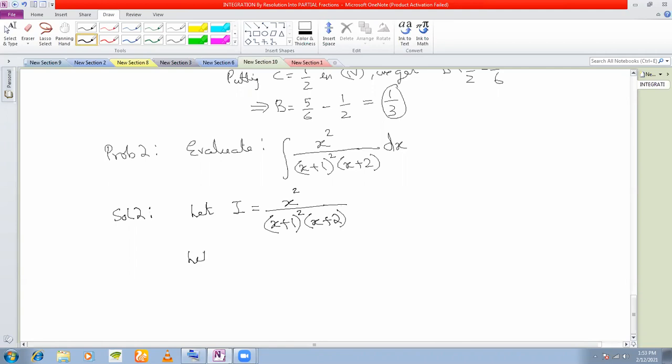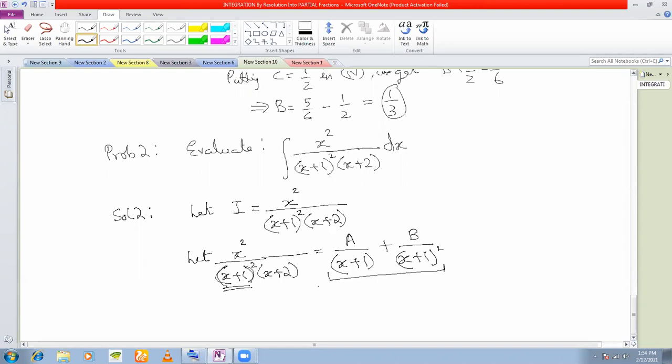So in such a case, if you want to resolve such a fraction into partial fractions, what I do is I say let x square by x plus 1 whole square into x plus 2 is equal to, now see, this x plus 1 is a repeated factor. So for this repeated factor, I will put a by x plus 1 first, right? Next, I'll put b by x plus 1 whole square. Understood? So only for this x plus 1 whole square factor, you have these two partial fractions, right?